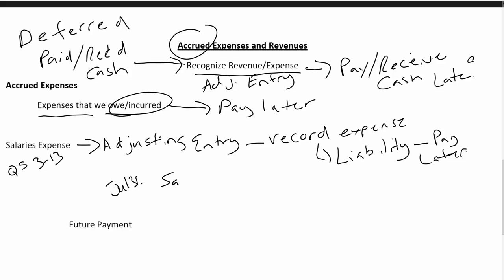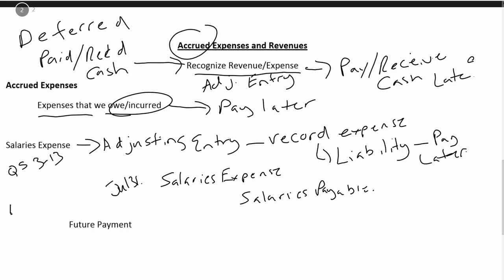So we need to do an adjusting entry where we're going to go ahead and recognize the salaries expense for Monday through Thursday through the end of the month. But we're not going to pay it till later, so we're going to credit salaries payable and create a liability.